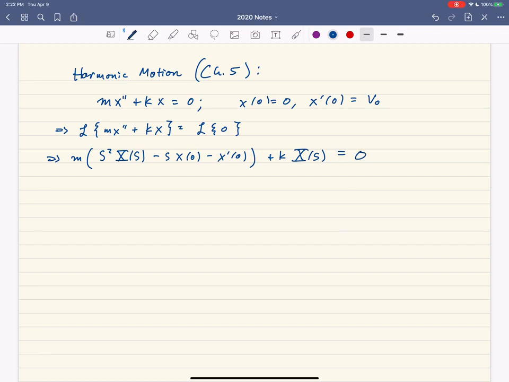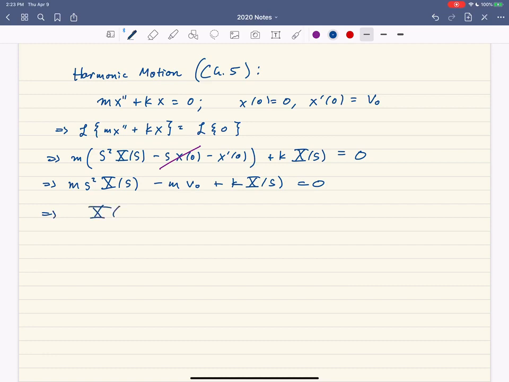Now we're going to try and solve for capital X. One thing we can do right away is use the fact that little x of 0 is 0. So this tells us that we have m s squared capital X minus m times x prime of 0, which was v naught, plus k times capital X of s is equal to 0.